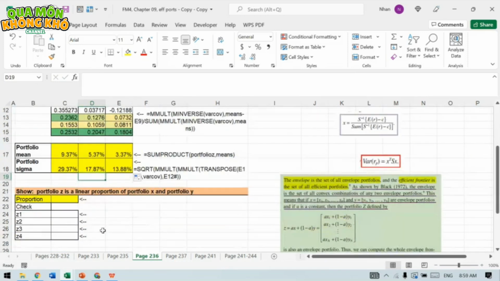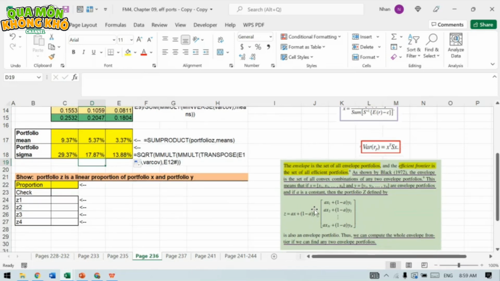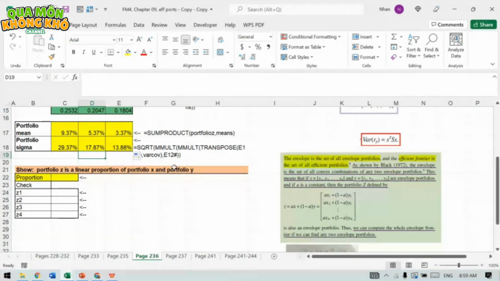And then you can see that if S is also an envelope portfolio, it has to satisfy this formula as proposition 2 mentioned.